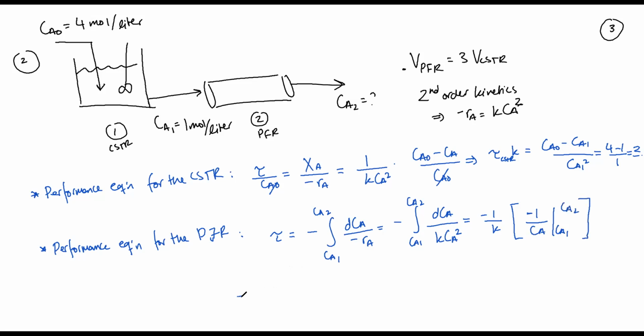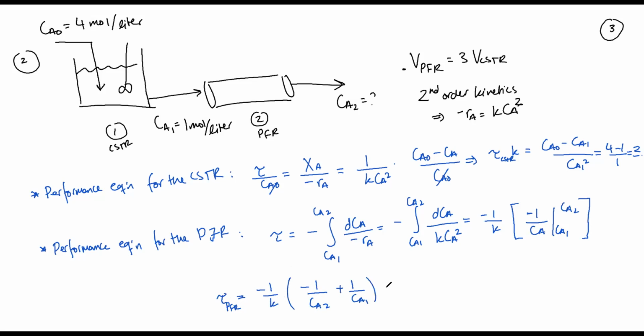So now tau PFR, let's be careful with all these negatives here: minus 1 over K and minus 1 over CA2, minus, so plus 1 over CA1.